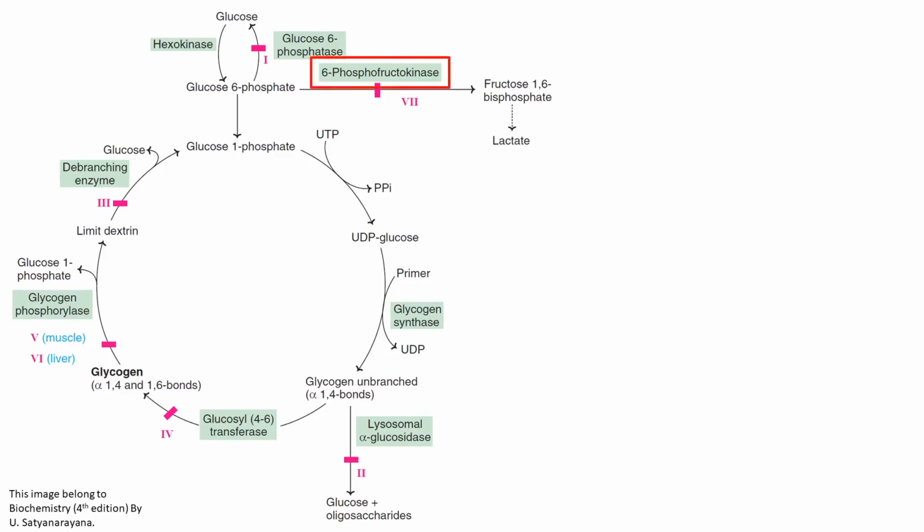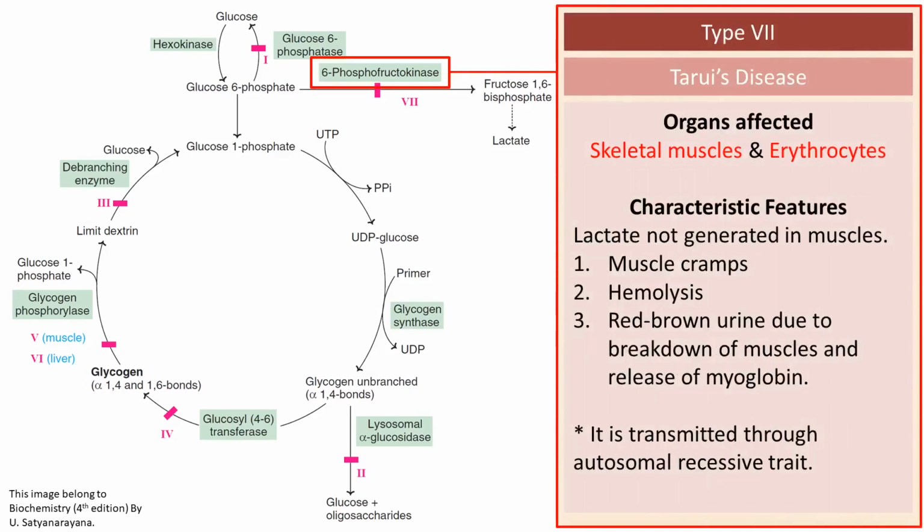Lastly, if there is deficiency of 6-phosphofructokinase, then there will be occurrence of type 7 glycogen storage disease, which is also known as Tarui's disease. In case of Tarui's disease, the organs which are affected include skeletal muscle and erythrocytes.